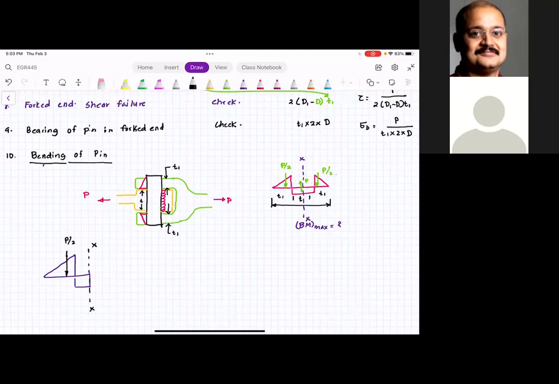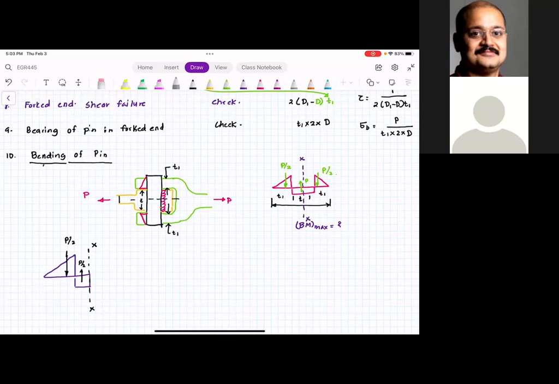Because there is P coming on the right-hand side, and that load P has 2 forks, so each fork is supporting P by 2. So here there is P, but now I'm considering half of the section, so there is just half of the load, P by 2.